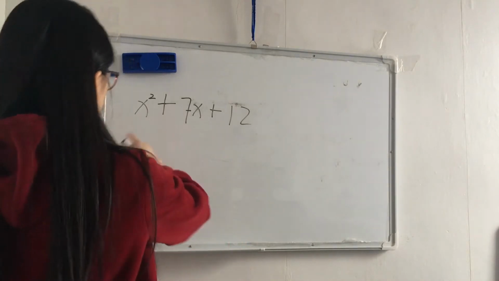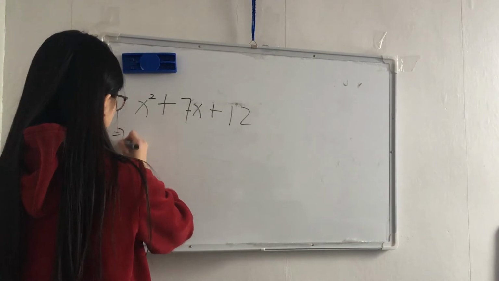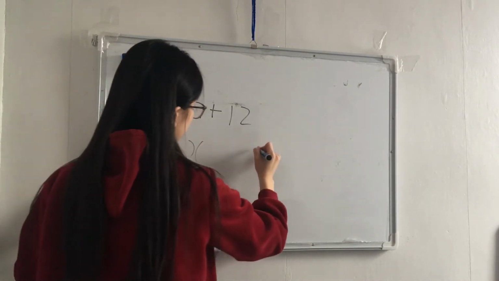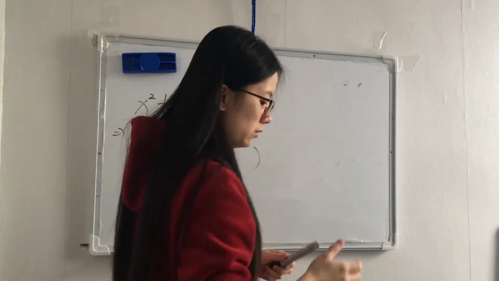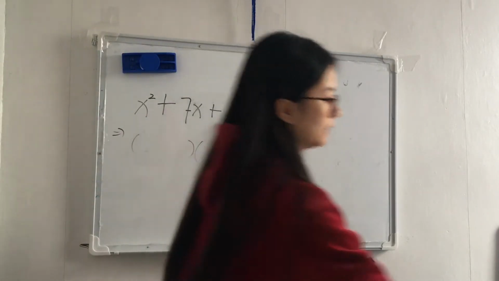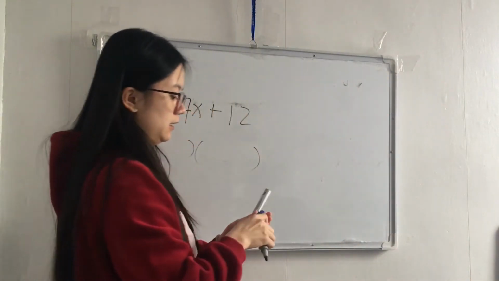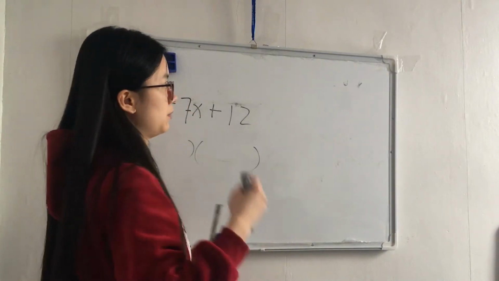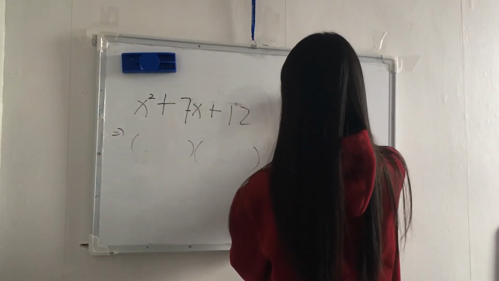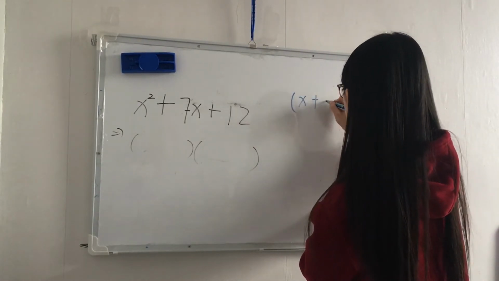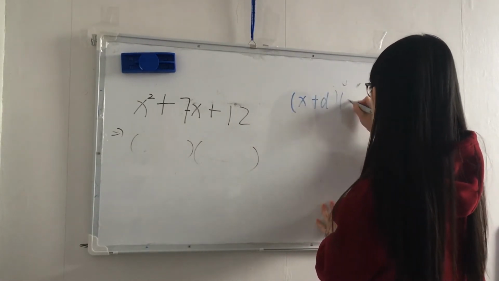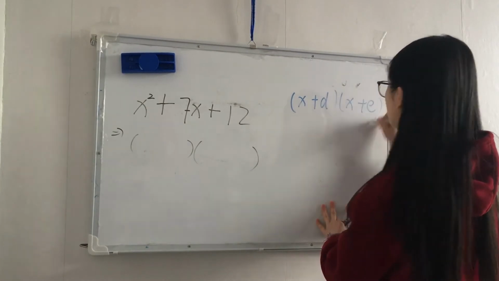So we mean like we write it as something times something, that is a factor form. And we know, applying the distributive property, then we explore the pattern like x plus d times x plus e.